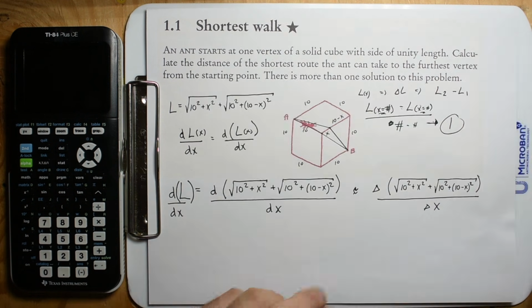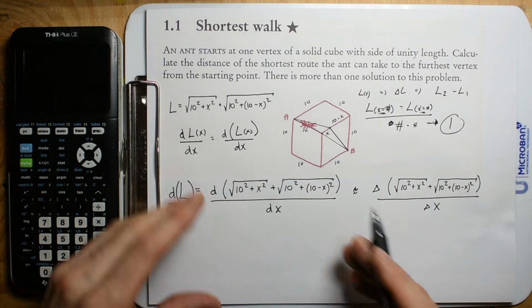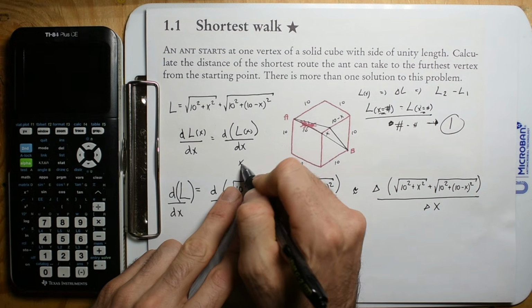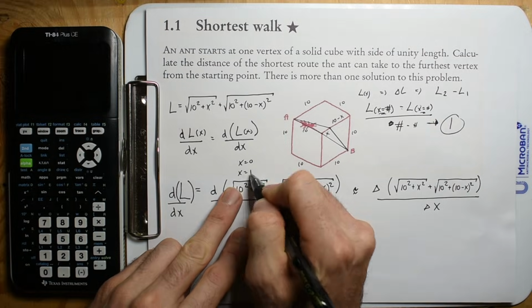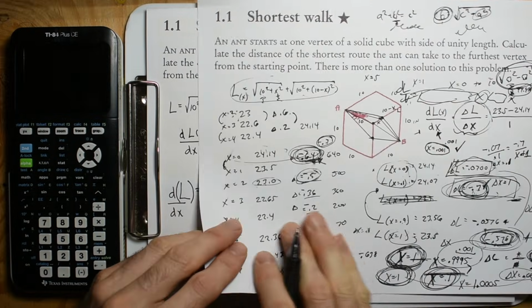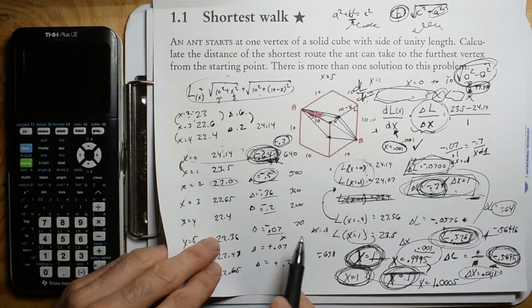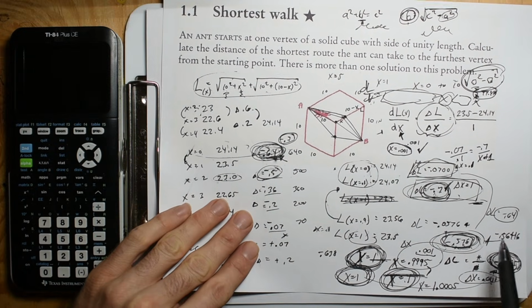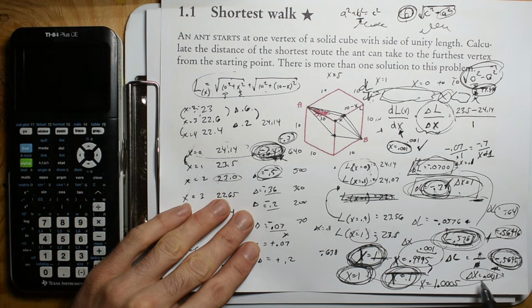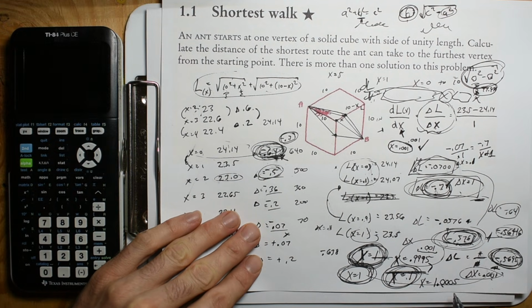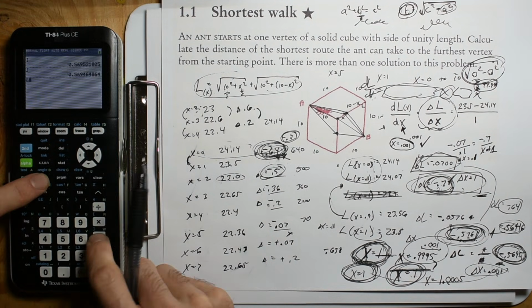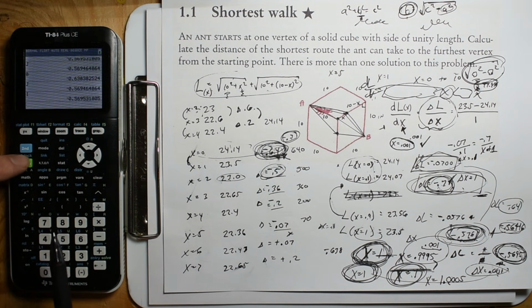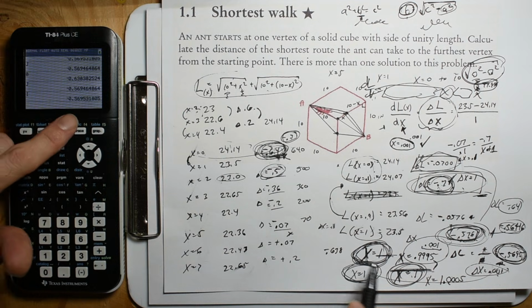Just keep in mind that when we do the actual derivative and throw in x equal to 0 and then x equal to 1, we're not going to get this 0.64. If we're close to 0, we're going to get 0.56, and if we're close to 1, we're going to get negative 0.56.